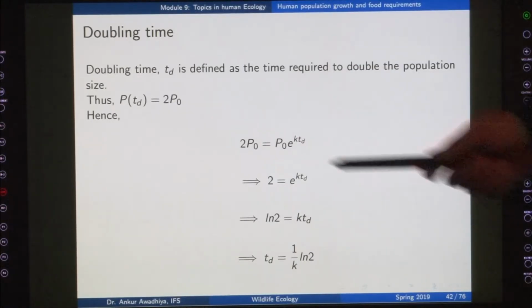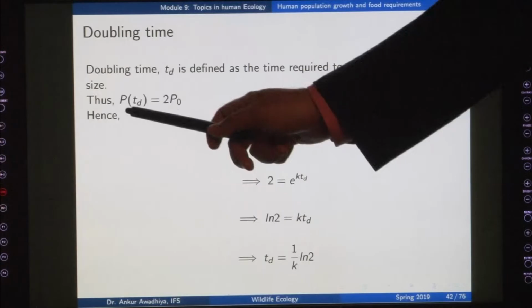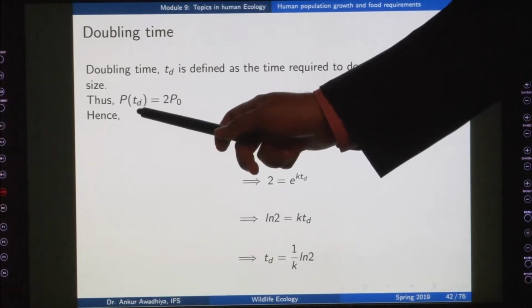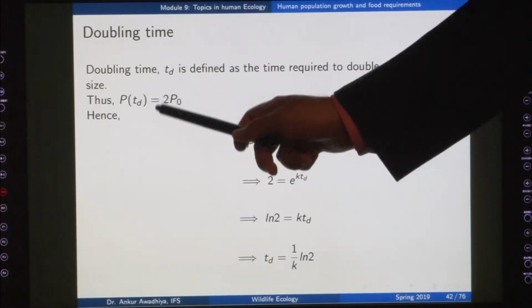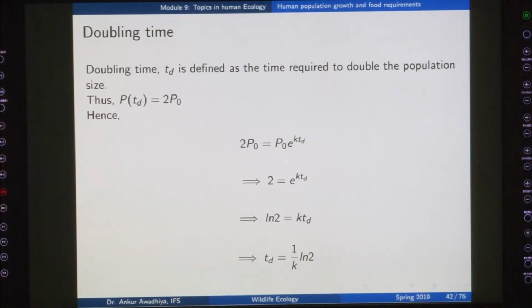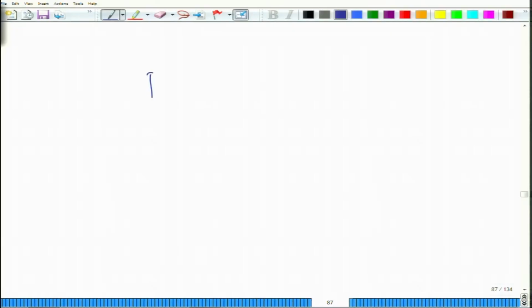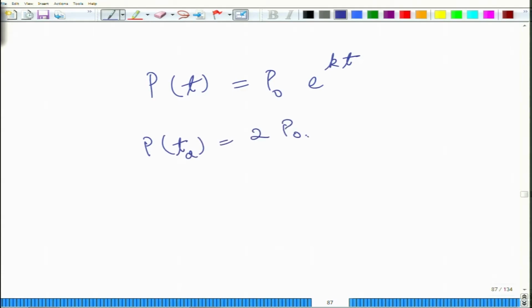So, here we can say that the population at time TD is twice the original population, or the population at time point 0. So, we had said that the population at any time t is equal to P naught into e to the power of kt, and we are saying that the population at time TD is equal to twice the original population.